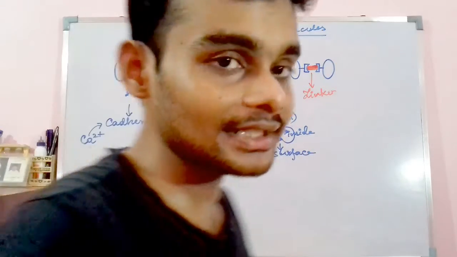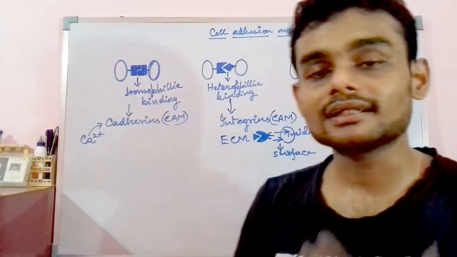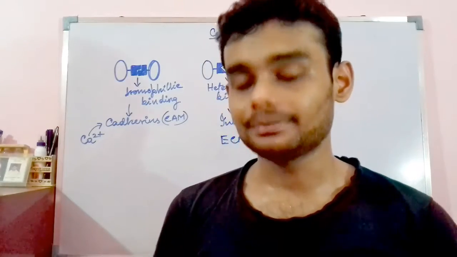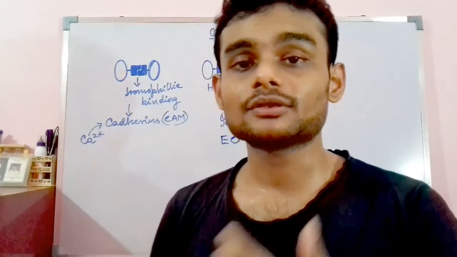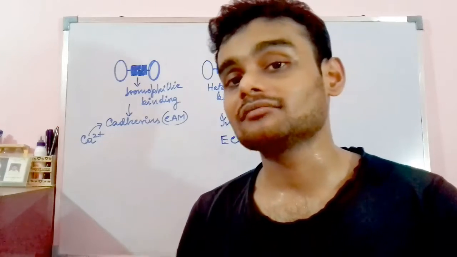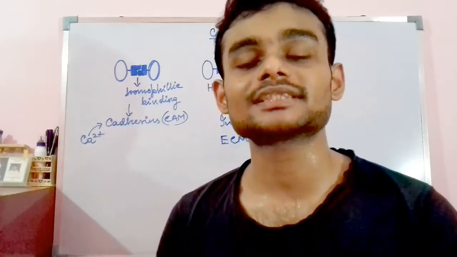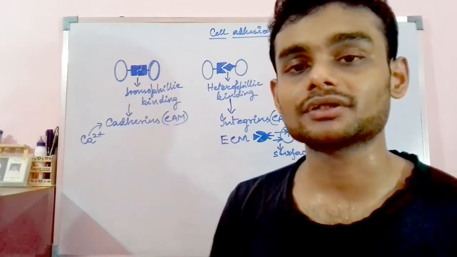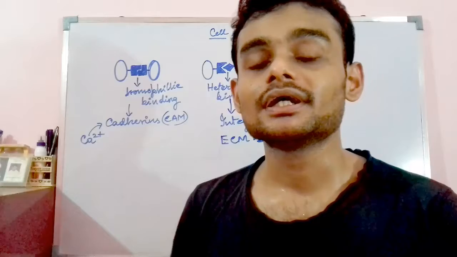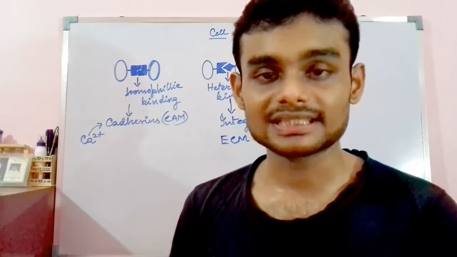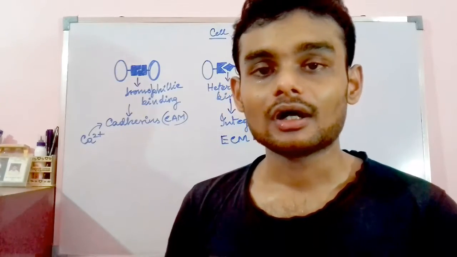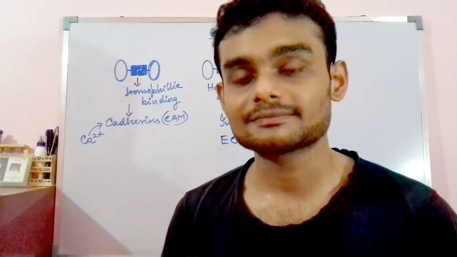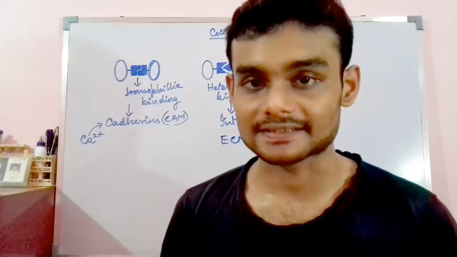So basically integrins are acting as a relay, conveying the signal from the ligand in the extracellular space to the intracellular space. It's basically a bridge between the extracellular space and the intracellular space.